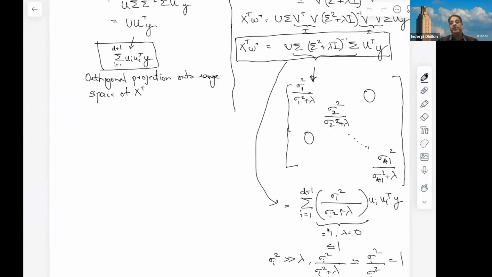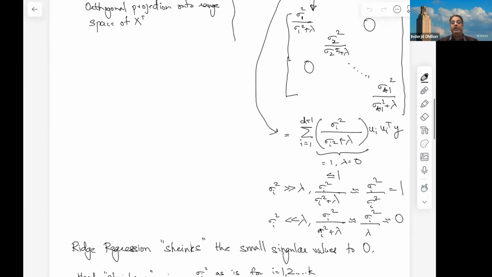And that has the property that when sigma square is very large, much bigger than the regularization coefficient lambda, then that coefficient is essentially 1. And when sigma square is very small, then it is sigma square divided by lambda, which will tend to 0, but it's not exactly 0.